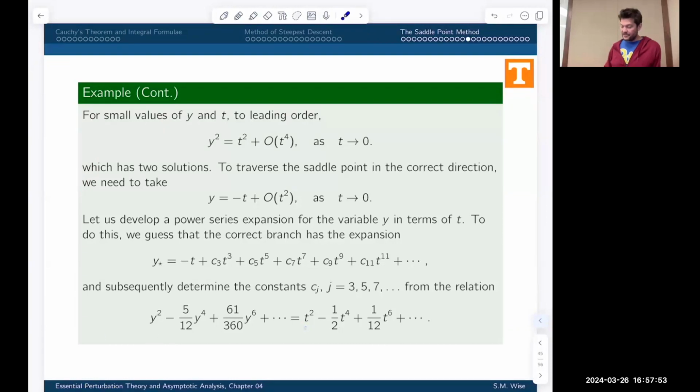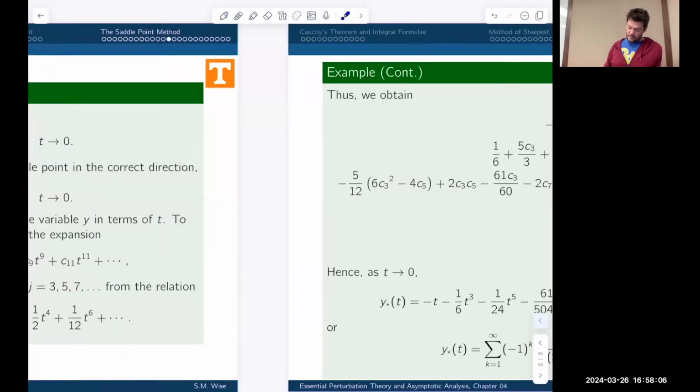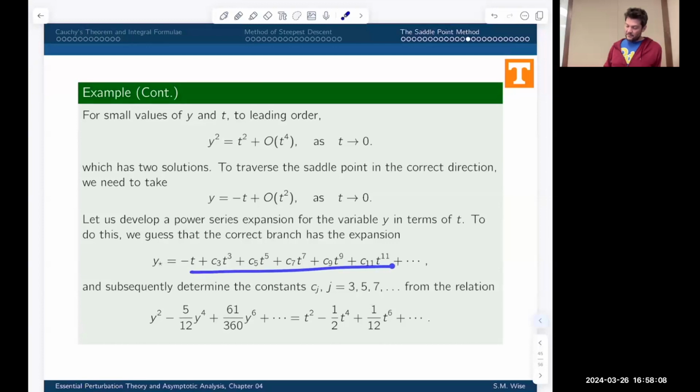I'll have a power series at the end of the day in t over here, and I have one in t over here already. So let's see what we get. If you do this sort of construction, I plug in this value of y and I square it. I take that power series into here, take it to the 4th power, take it to the 6th power, and collect all the terms of like powers.